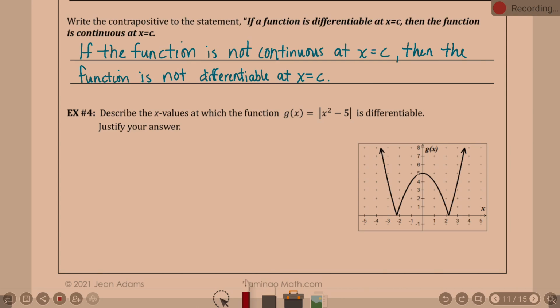Oh, because it's the absolute value. I was sitting here thinking they're never going to be the same, but it's absolute value. Yeah, so from negative infinity to about negative 2.2 and 2.2 to infinity, and then negative 2. So basically the whole thing, except for those points. Yeah.